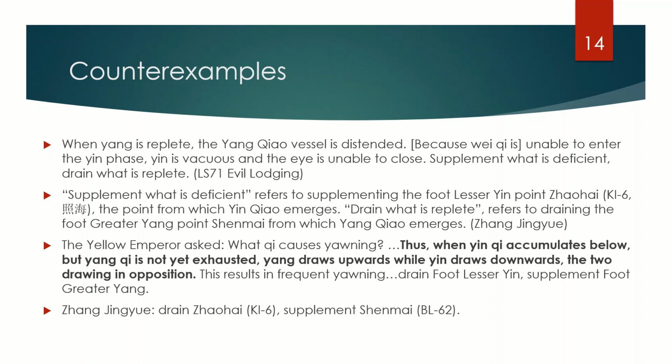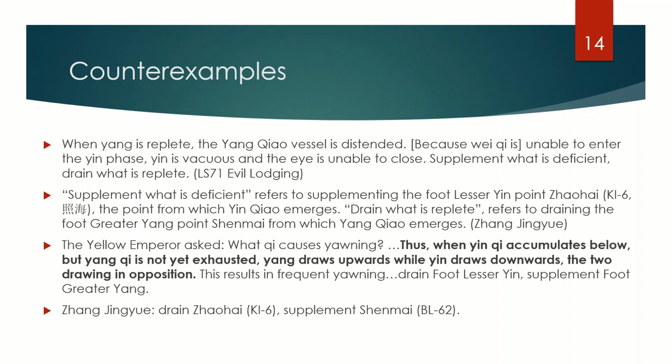The person is insomnolent; they can't sleep because Wei Qi is unable to enter into the yin phase, and so the Yang Qiao vessel distends by the same sort of logic as the Yin Qiao vessel would distend that we talked about before. And then the Yin Qiao vessel is vacuous because there's nothing in there, and so this is saying we supplement what is deficient, we drain what is replete. So in this case they're saying supplement at Zhaohai and drain at Yang Qiao.